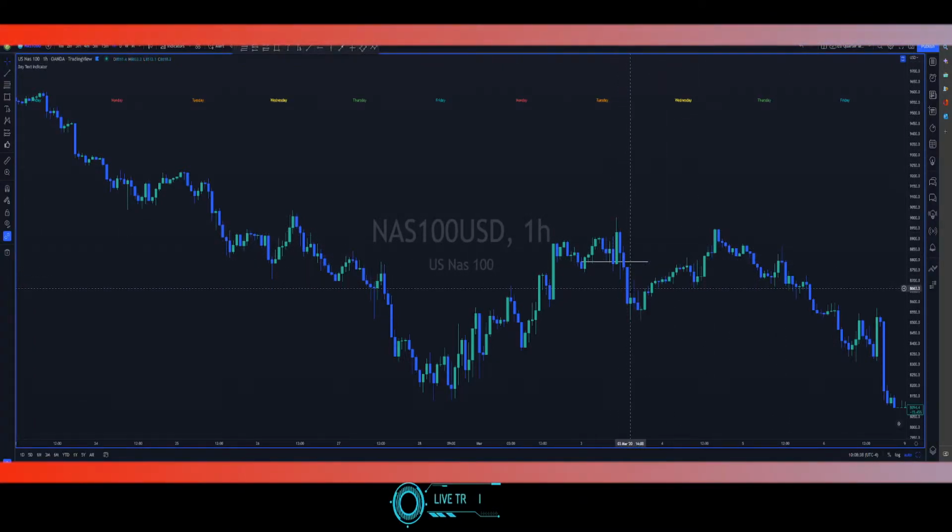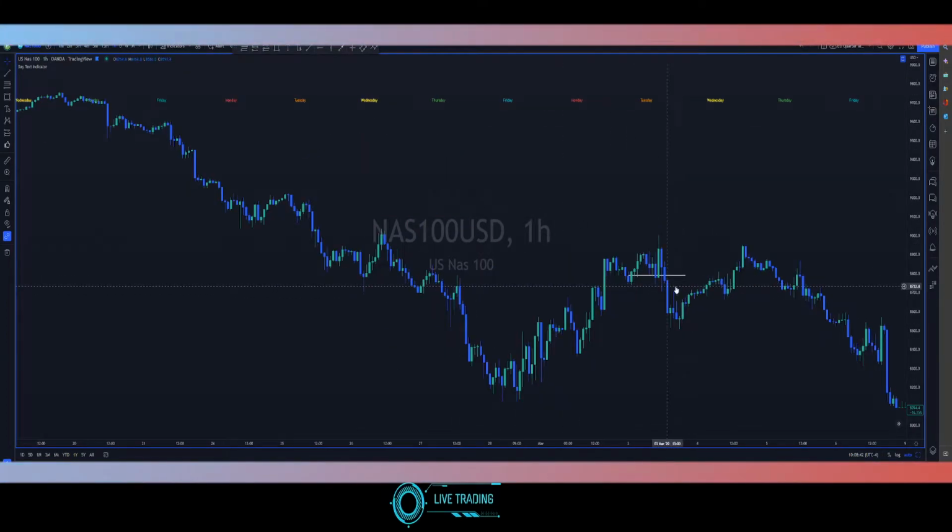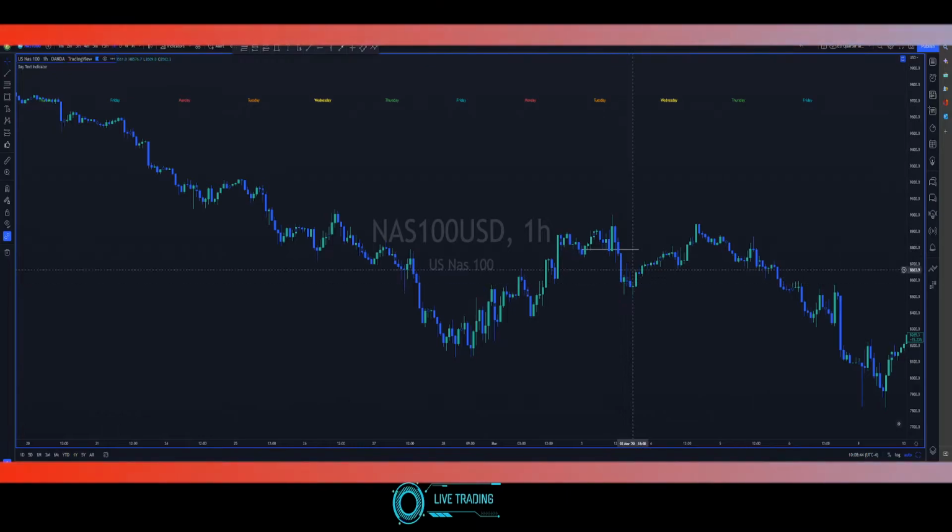Price breaks down because this looks like an overall downtrend. Price breaks down, comes back into this order block here, taps into it, breaks down, takes a little bit more minor liquidity, making this nice bullish candle here.